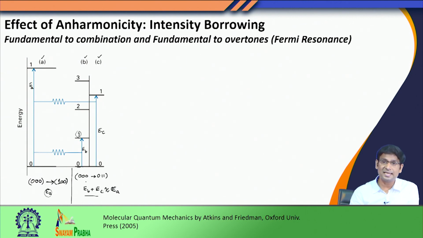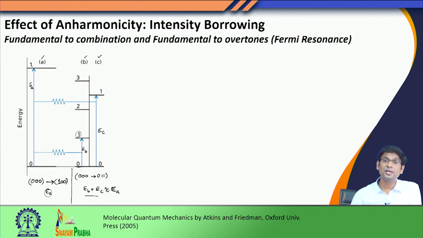Therefore, the states get mixed, and as a result the intensity of this fundamental band gets transferred to this combination band. So, there is an intensity borrowing from fundamental to combination when this situation arises. These are accidental resonance situations, where the energy of one fundamental transition becomes nearly equal to the energy of another combination band.